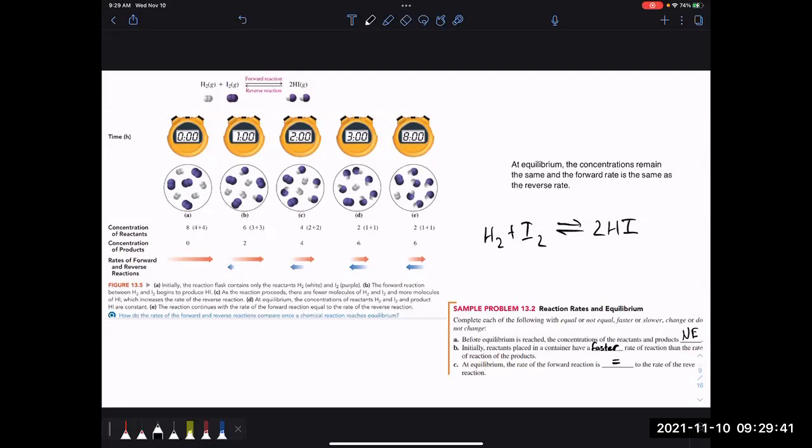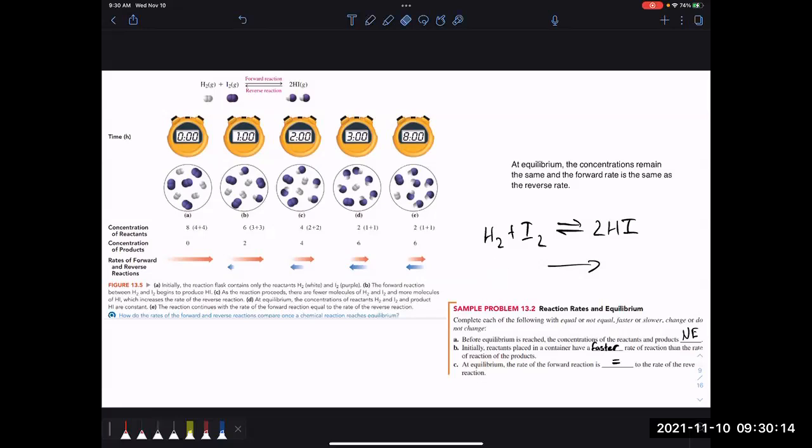So if I say this is at equilibrium, I might ask, which way will the reaction shift if I add more hydrogen? If we add more hydrogen, then we've increased the amount of our reactants relative to our products. So we're going to shift this reaction to the right because we'll end up forming more products until we reach another equilibrium.